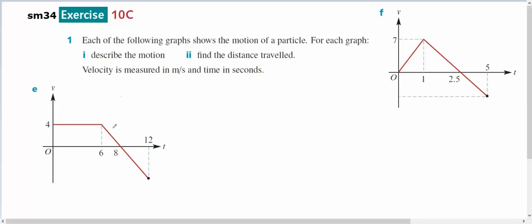In E's case, I've got a particle that starts at 4 metres per second and travels for 6 seconds.